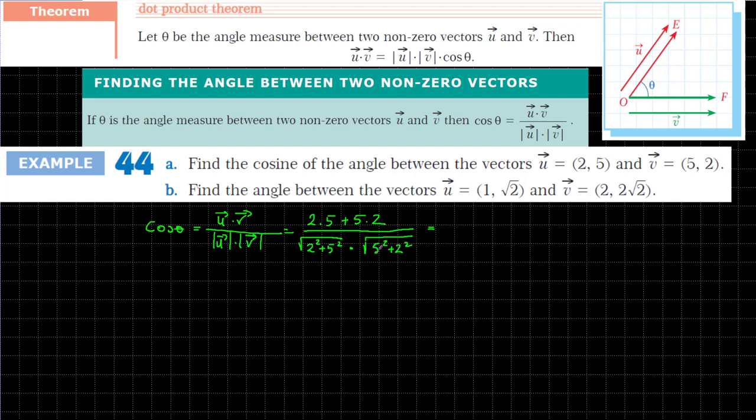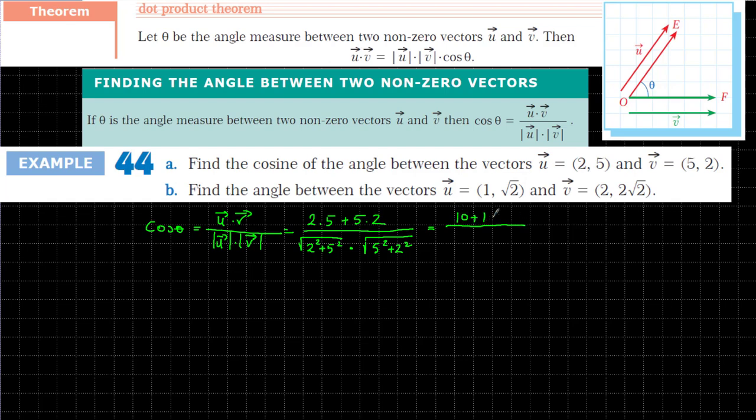Whatever we are going to find, it's going to be the same, as you see from the numbers: 2 squared plus 5 squared is the same as 5 squared plus 2 squared. So you can get rid of the powers and square roots also, but let's continue directly.